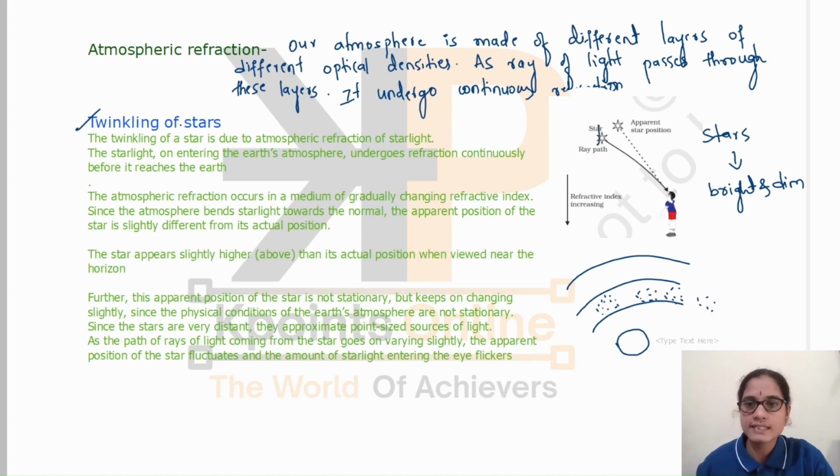See here, this is a star, an actual star which is present in the sky. The rays from it are coming and those rays will undergo continuous refraction as they pass through different layers of atmosphere. And it appears for this person like those rays are coming from this point, because it has undergone refraction here. Bending of light has taken place through the different layers of the earth's atmosphere.